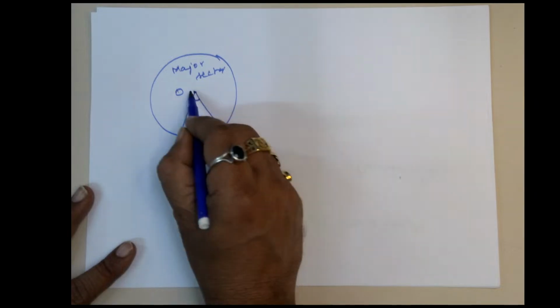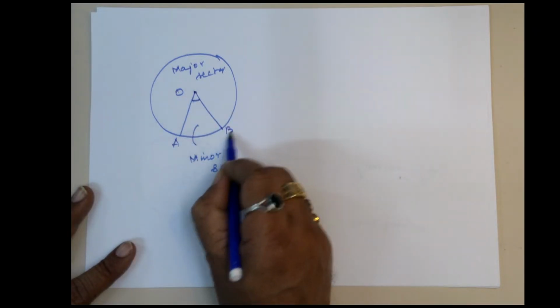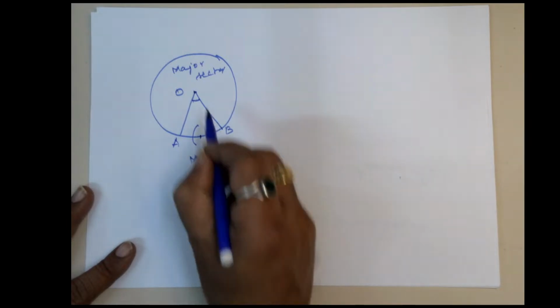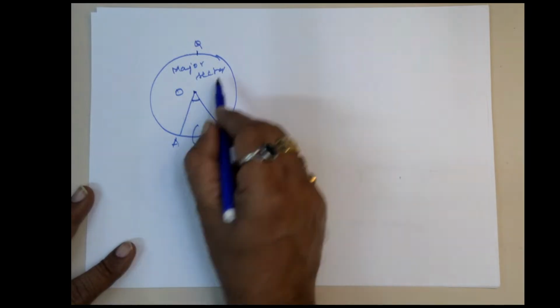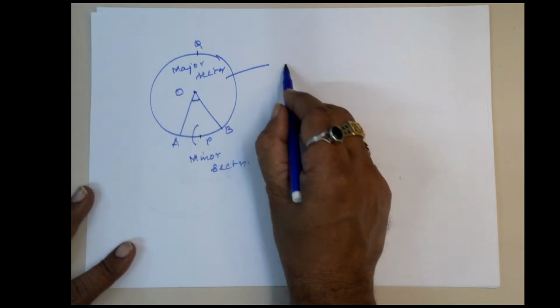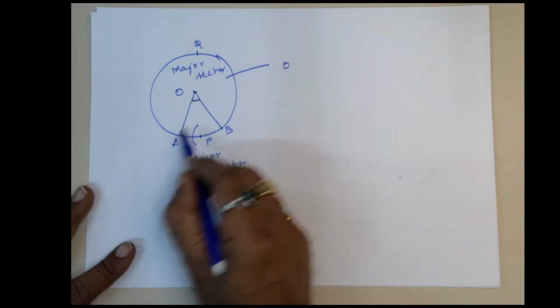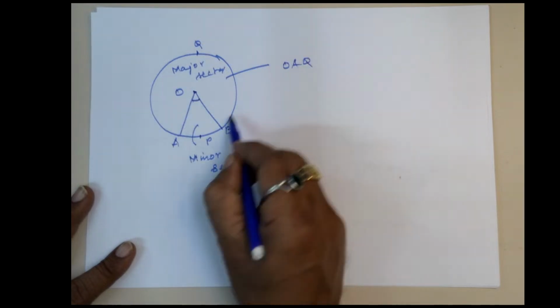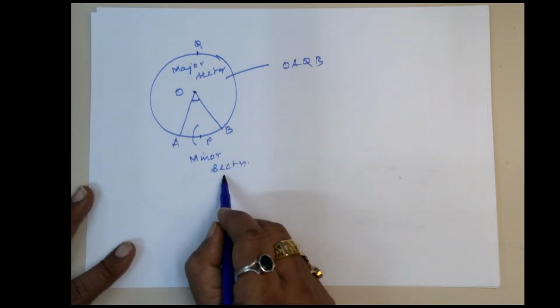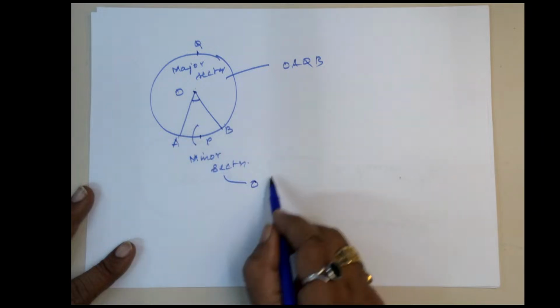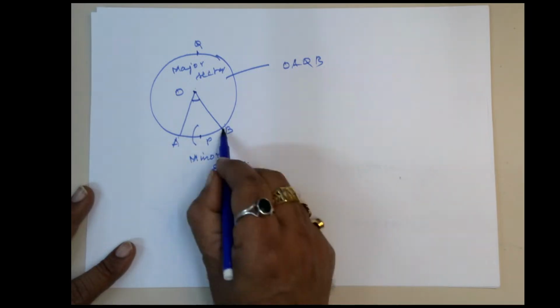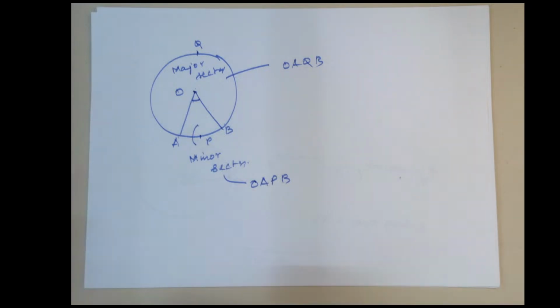For example, this is O, this is A, this is B. Let me consider this as point P and this as point Q. So the major sector is the region enveloped by O, A, Q, B. Whereas the minor sector is the area occupied by O, A, P, B. So you have to be very clear about this minor sector and major sector.